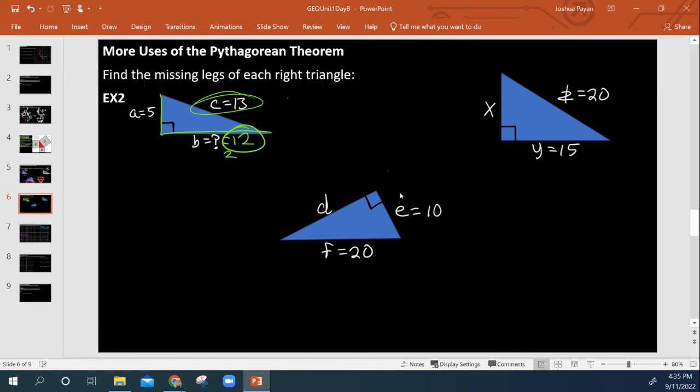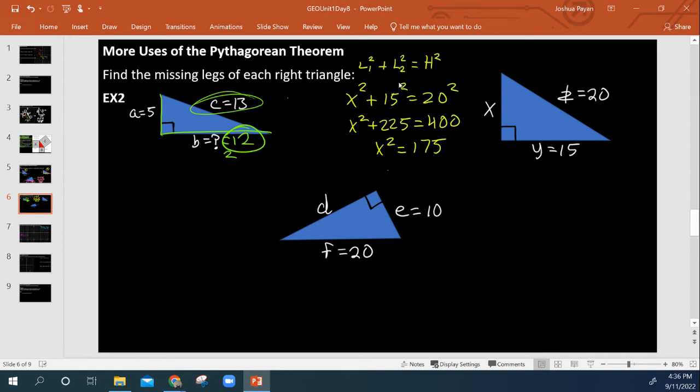Okay, so right here, leg squared plus leg squared equals hypotenuse squared. We're looking for the missing x. Okay, and again, I'm putting them where they go in the formula. So leg 1 squared plus leg 2 squared equals your hypotenuse squared. Okay, so x squared plus 225 equals 400. X squared is going to be equal to, brain fart, 175.